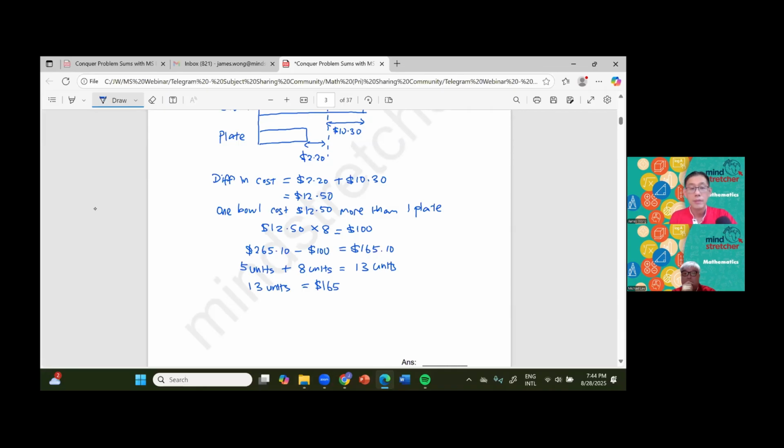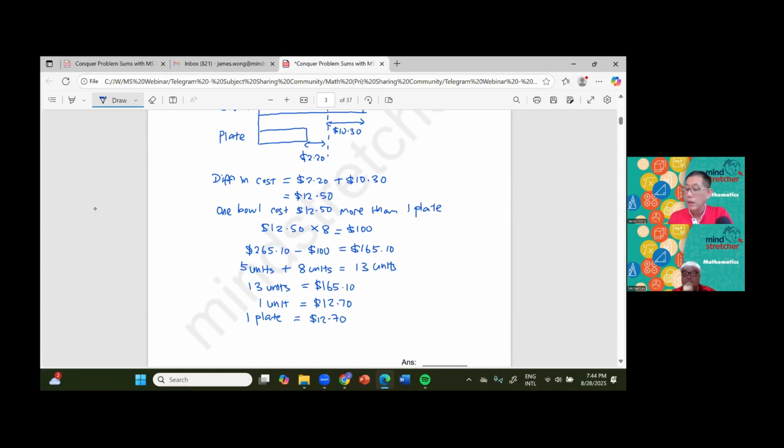From here, I can find 1 unit. If you divide by 13, you will get $12.70. That is the cost of 1 plate, because we have converted everything into plates. So I know 1 plate costs you $12.70.